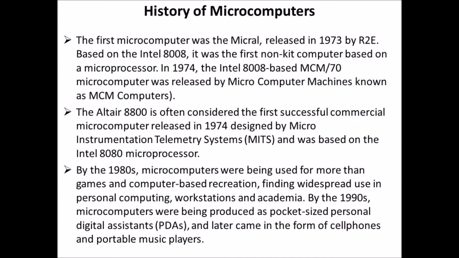Next, we can discuss the history of microcomputers. The first microcomputer was the Micral, released in 1973 by R2E. Based on the Intel 8008, it was the first non-kit computer based on a microprocessor. In 1974, the Intel 8008 based MCM/70 microcomputer was released by Micro Computer Machines, known as MCM Computers.